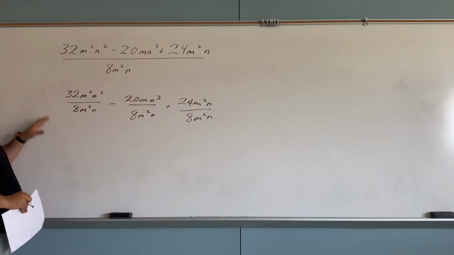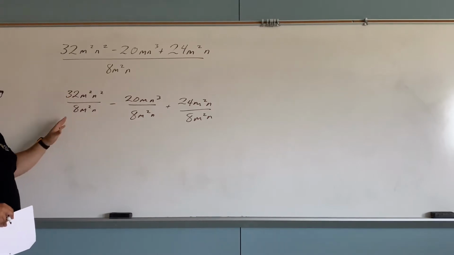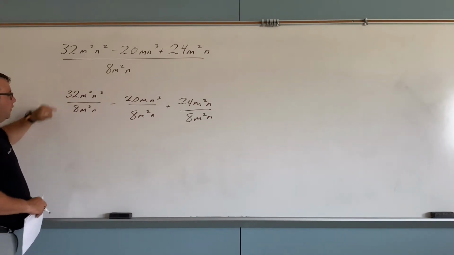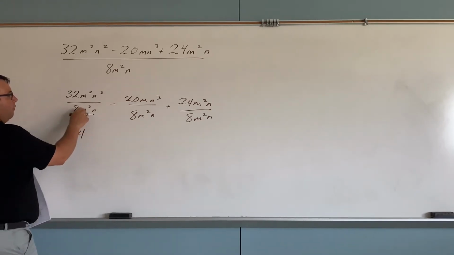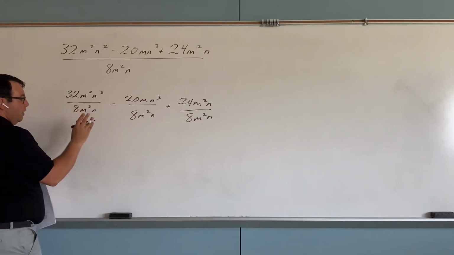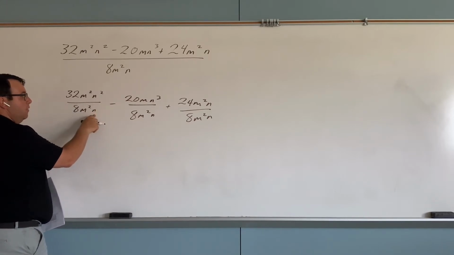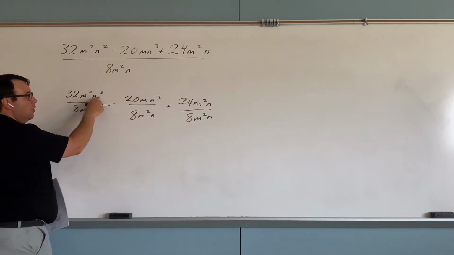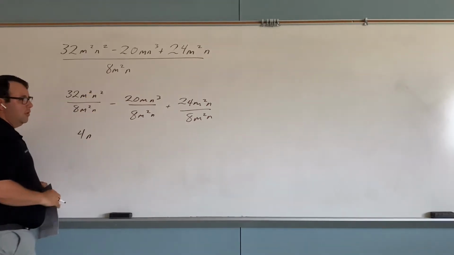We are going to simply divide out our coefficient values here and see if our variables will simplify at all. So 8 goes into 32 perfectly 4 times. M squared and m squared will cancel completely, so that's nice. N squared divided by n, think about the quotient rule, that's 2 minus 1, right? So that would just be an n that you are left with.